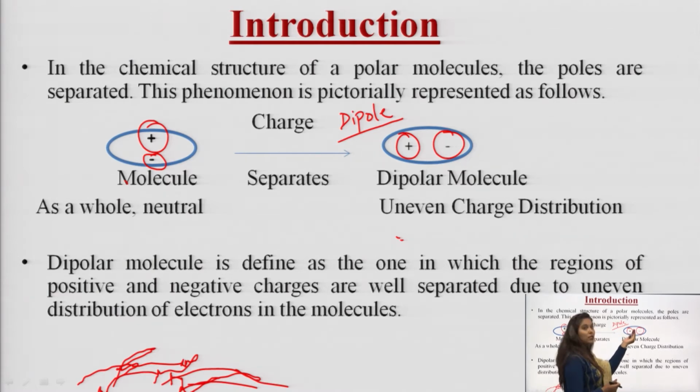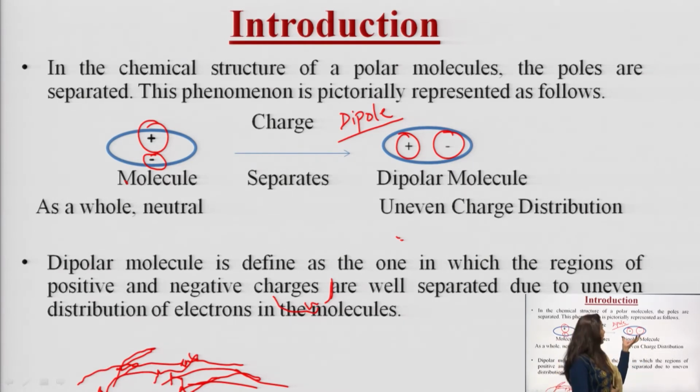Here the positive ion is on one side and the negative ion on the other side, and they are separated by a very small distance. Then it is known as a dipole, and the moment in these molecules is known as the dipolar molecular moment. This is uneven charge distribution.